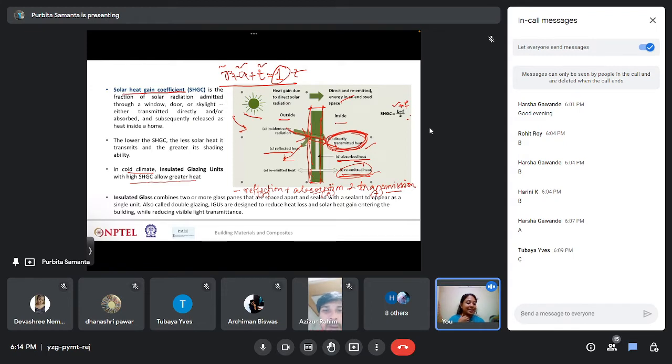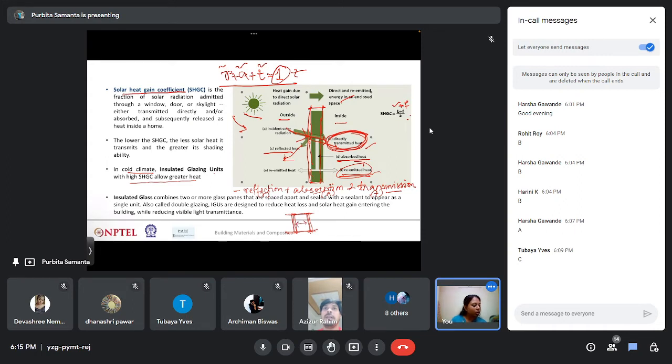Also we use insulated glazing units. In our course we have seen how ma'am talks about insulated glazing units. In insulated glazing units, we have seen that there are two or more panes of glass. Just imagine these to be glass panes. So two or more glass panes are there and they have a particular space between them.